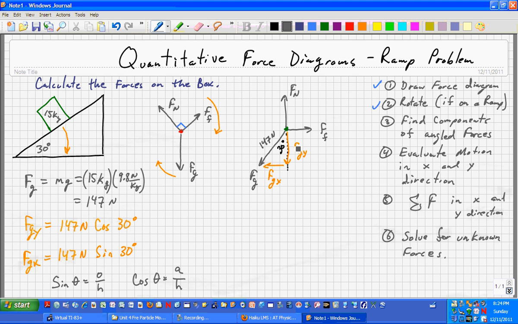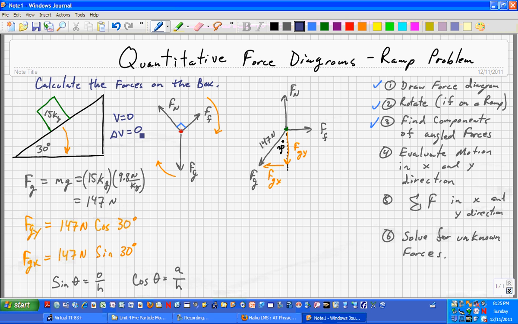All right, so I've broken those into components and calculated the size of those components. I'm ready to evaluate the motion in the x and the y direction. This box is just sitting here, so that means my velocity is equal to 0, which means that the change in velocity must also be equal to 0 because there is no change.